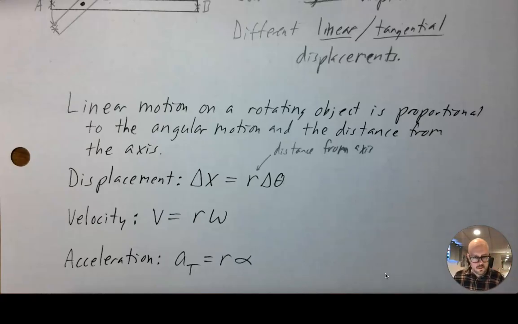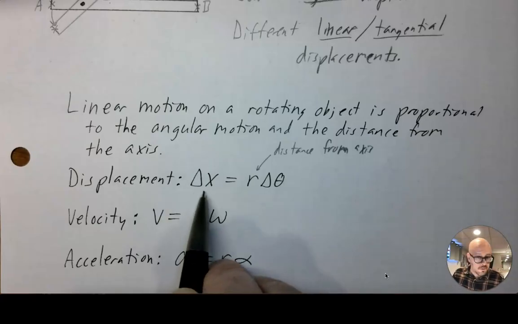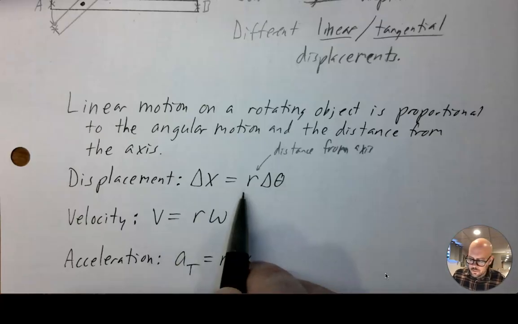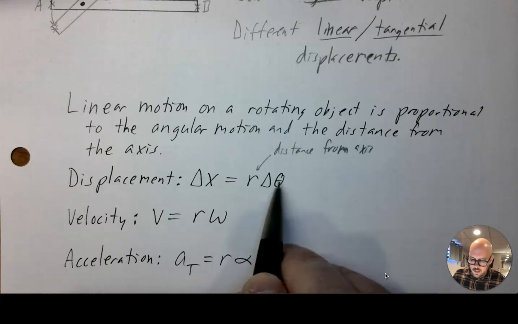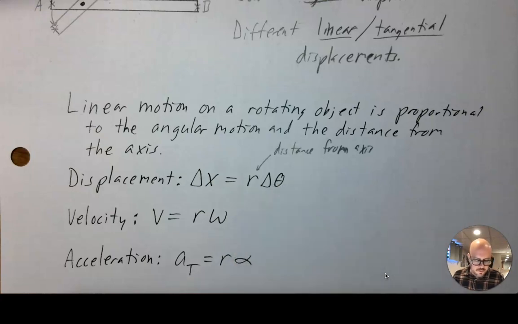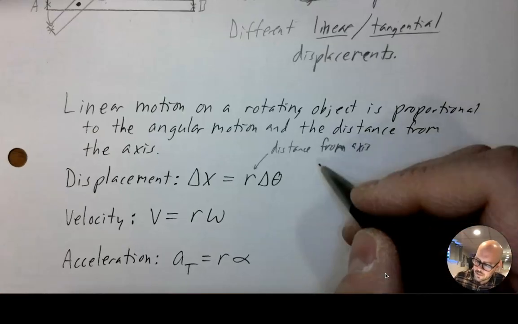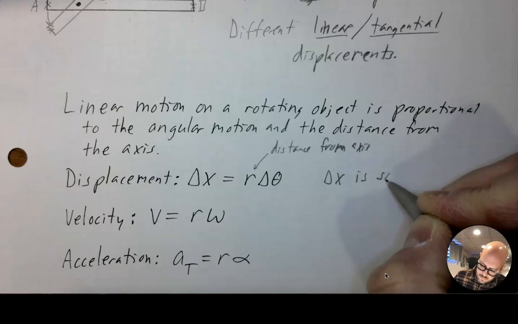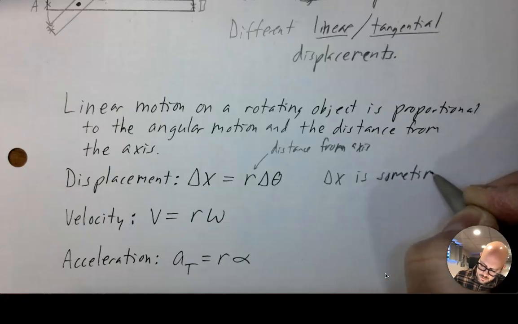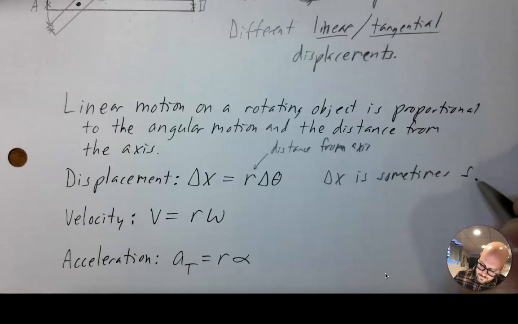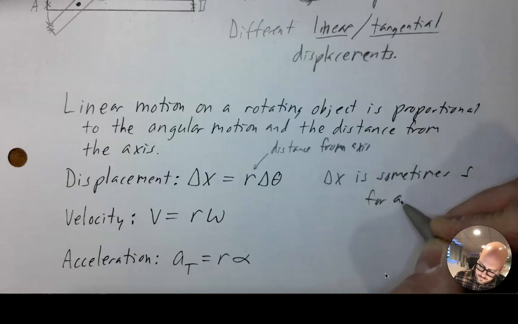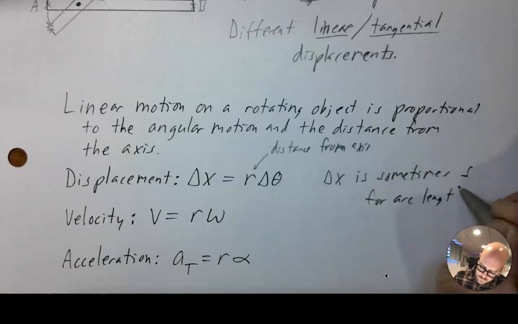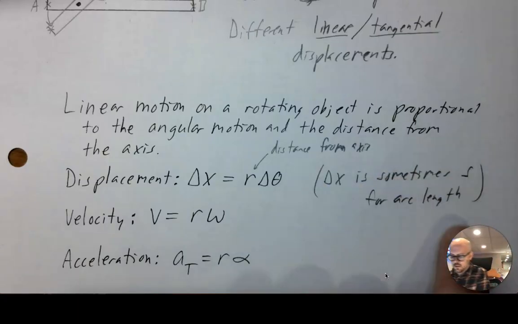So everything works the same way. The tangential displacement of a point on a rotating object is equal to the distance from the axis times the angular displacement of the whole object. Now, sometimes you get a different variable for linear displacement, and you get a lowercase s for arc length.